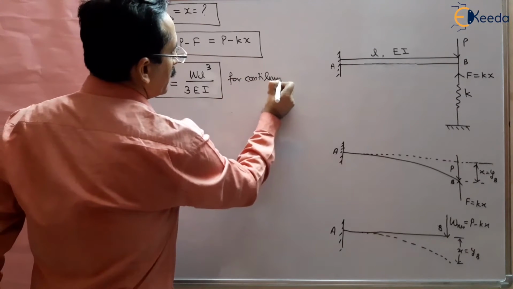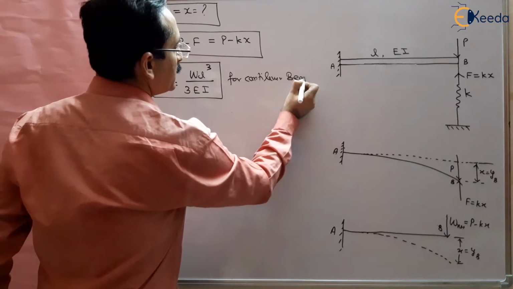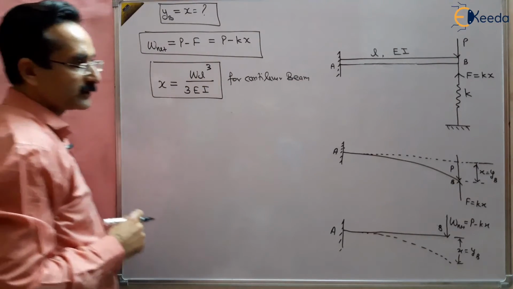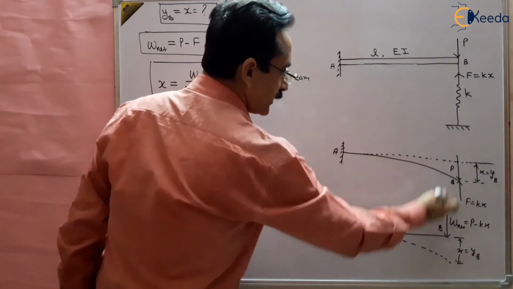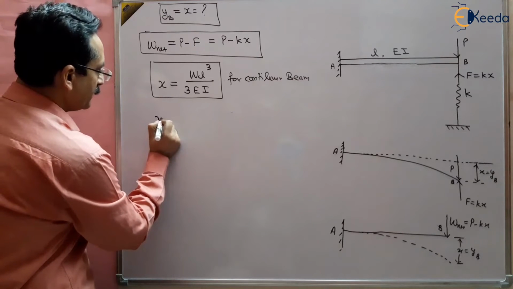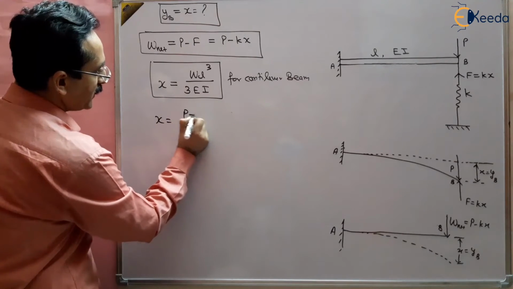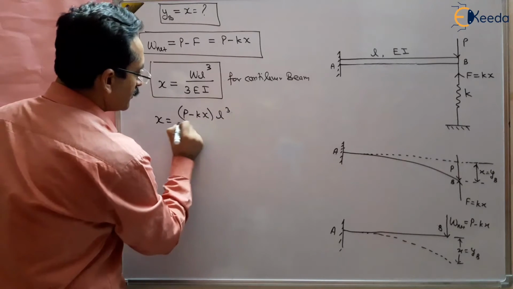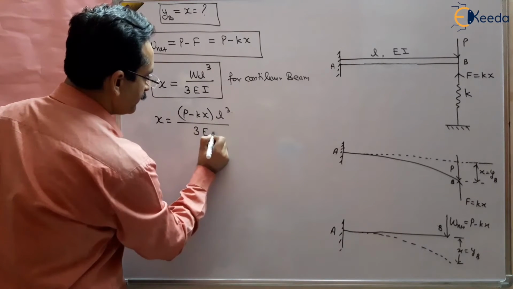This you should remember, W L cube upon 3 EI. Putting W as W net, which is P minus Kx, x will be equal to P minus Kx multiplied by L cube by 3 EI.